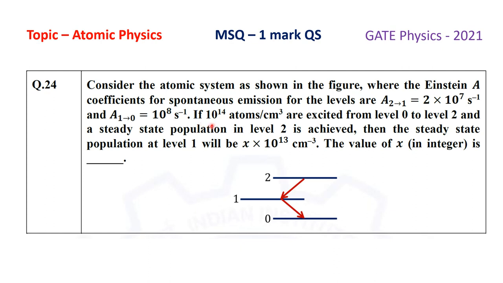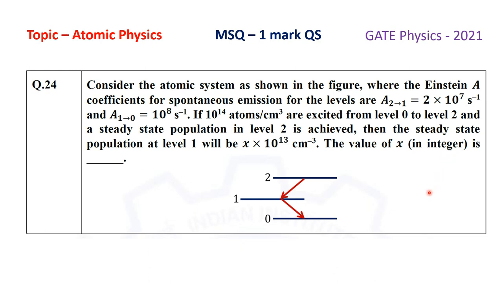If 10 to the power 14 atoms per centimeter cube are excited from level 0 to level 2, and a steady state population in level 2 is achieved, then the steady state population at level 1 will be x multiplied with 10 to the power 13 per centimeter cube. Then we have to find the value of x in the integer form.